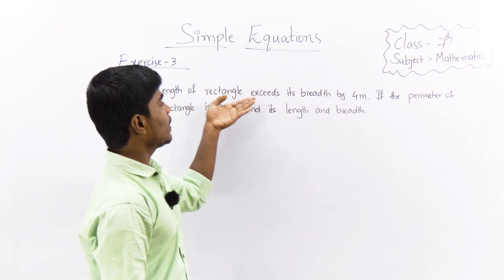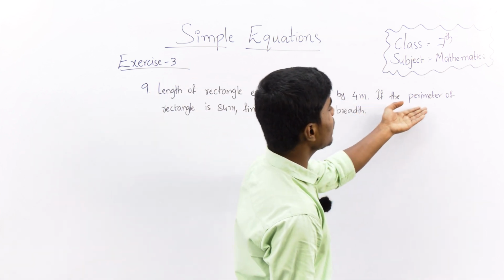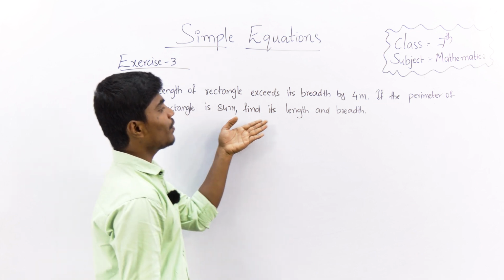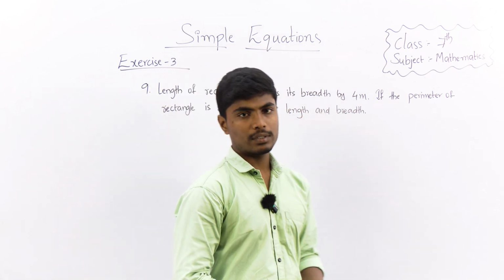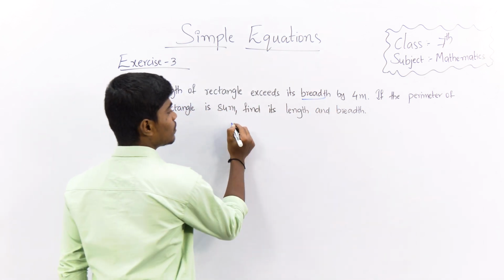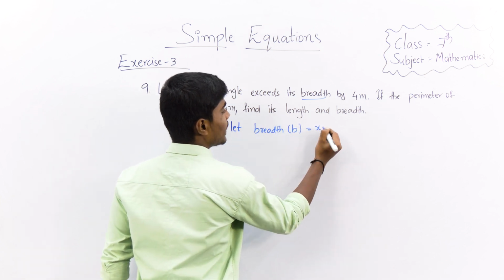The length of a rectangle exceeds its breadth by 4 meters. If the perimeter of the rectangle is 84 meters, find its length and breadth. Let us consider breadth as x. So let breadth B be equal to x.